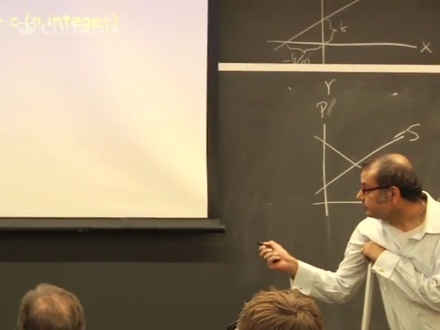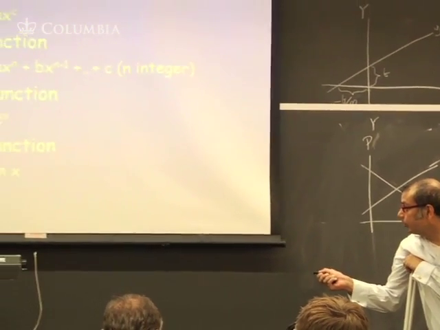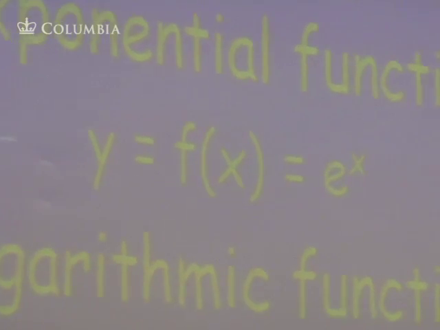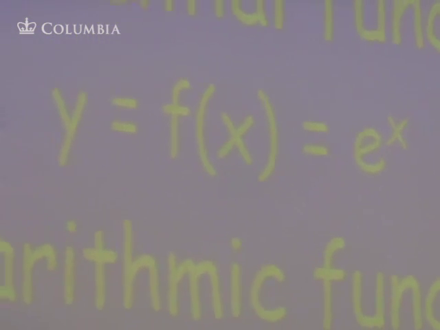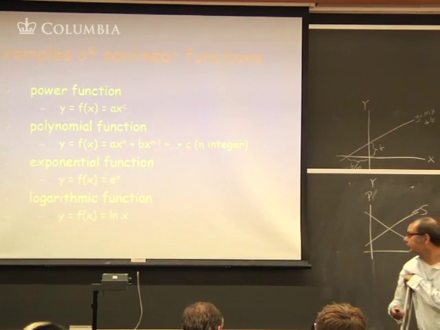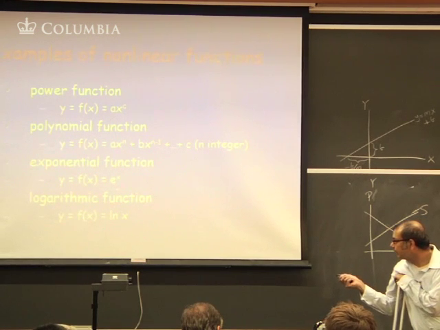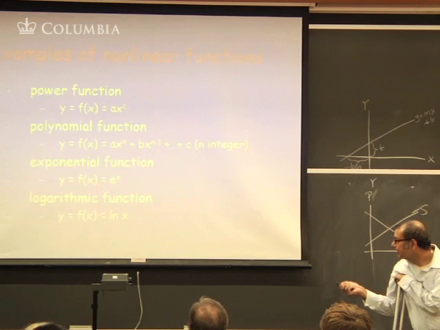Okay. What is e? Anybody know what that number is approximately? 2.71, right? To 2 digits. I actually don't know what the next digit is, but okay.